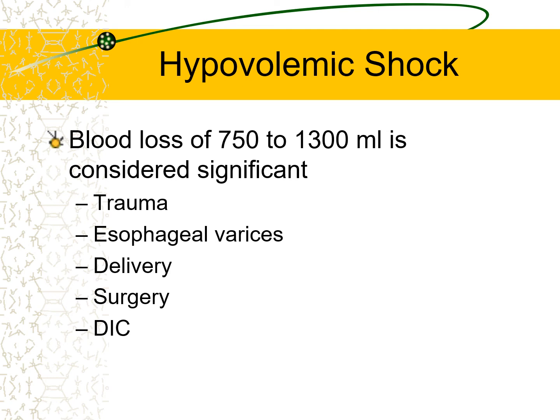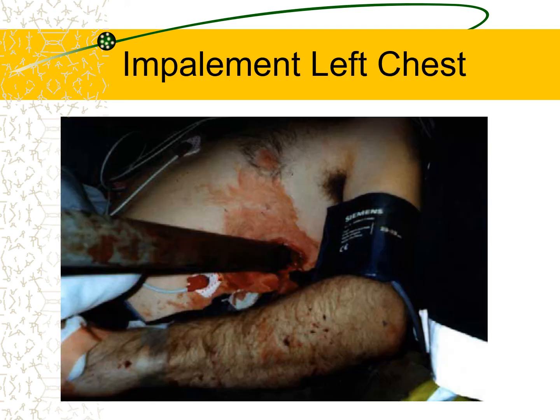And also disseminated intravascular coagulation, when the patient consumes all of their clotting factors and begins to bleed and bleed and bleed. This can lead to hypovolemic shock.